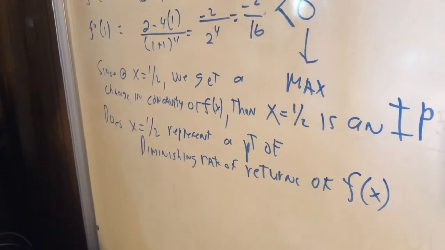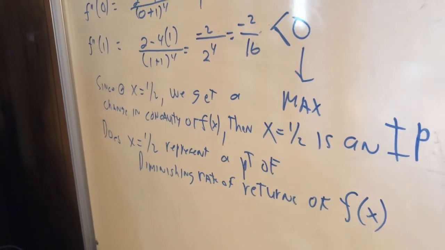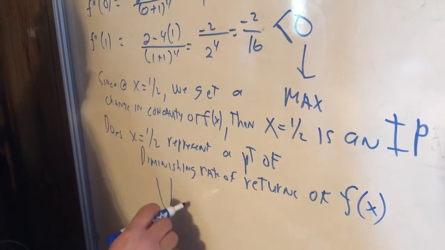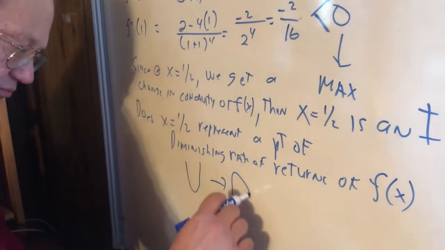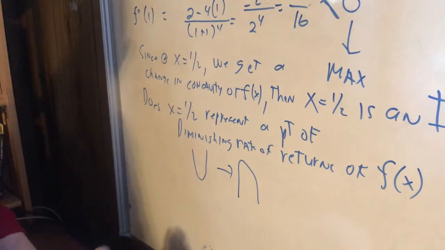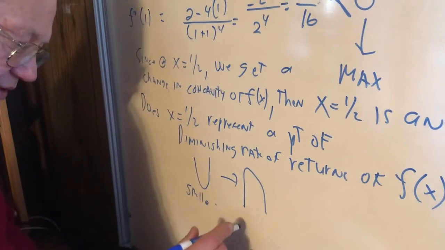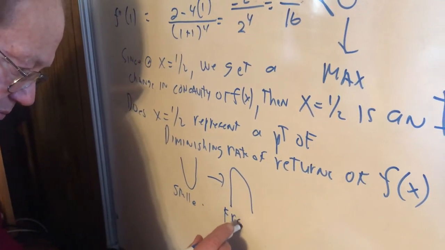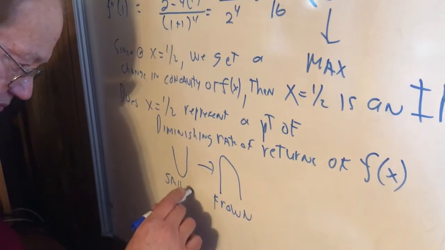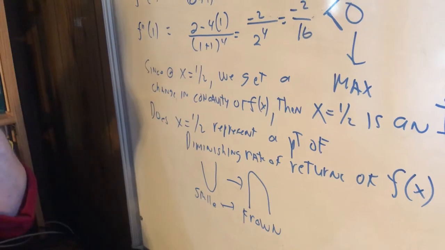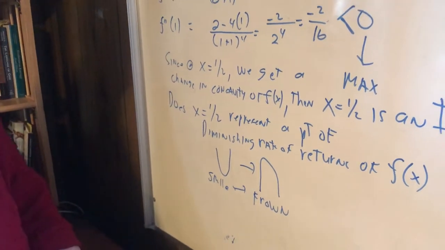Now, how do we do that? Well, look at what we have here. We go from this to this. Remember what I said? This is a smile. This is a frown. If your rate of returns are diminishing, do you think you're happy?